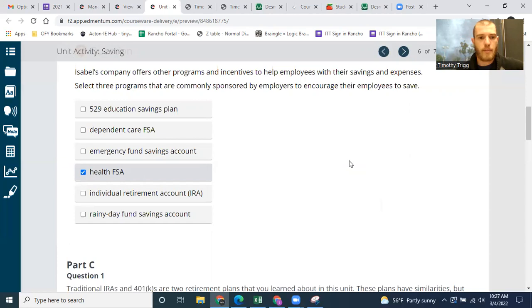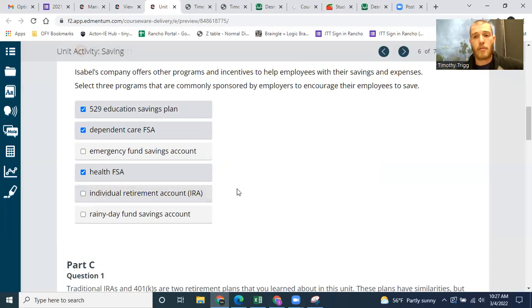Basically, it's like a savings account for medical expenses. They're usually pretty broad as far as all the different things you can get, like prescription glasses, all kinds of things. The 529 education savings plan helps you save for education, and the dependent care FSA. Those are 3 common ways.